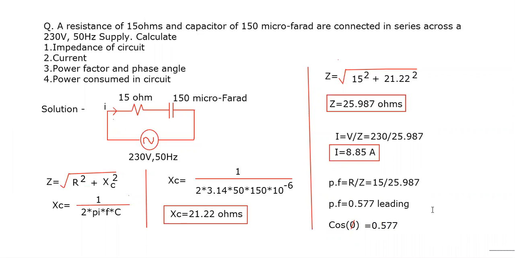So phi is equal to cos inverse 0.577. From here the obtained value phi is equal to 54.75 degrees. Okay, so it is our third answer.